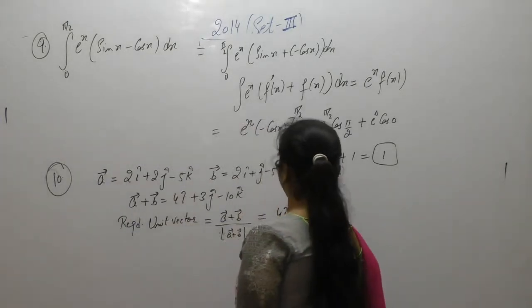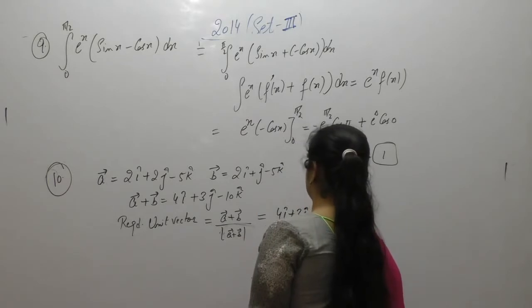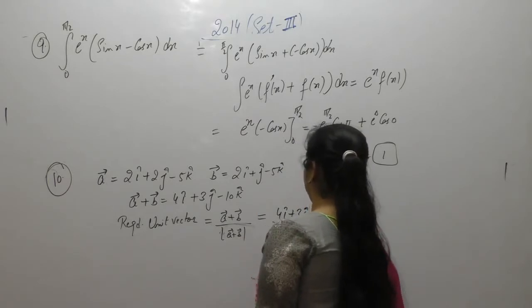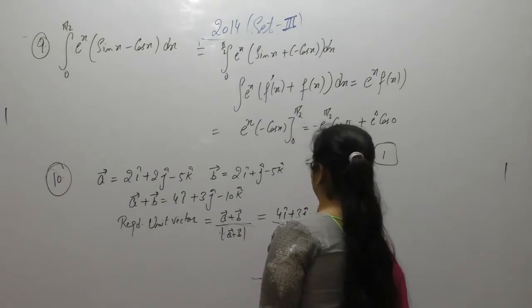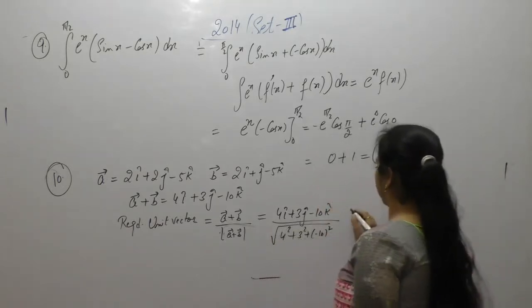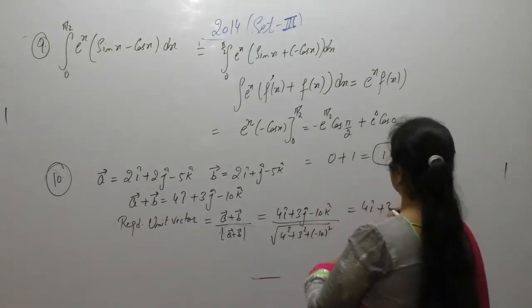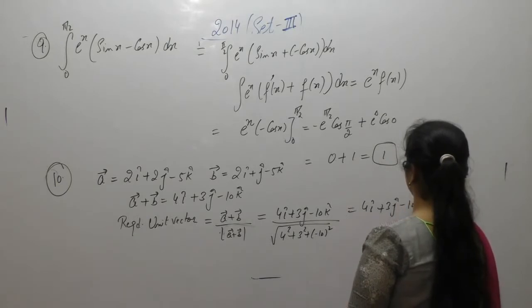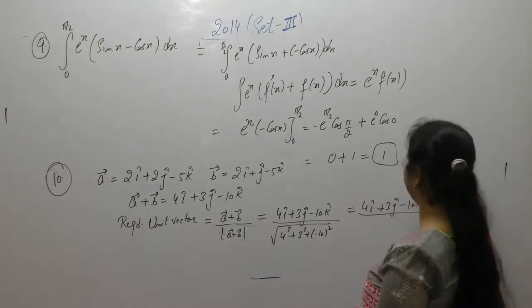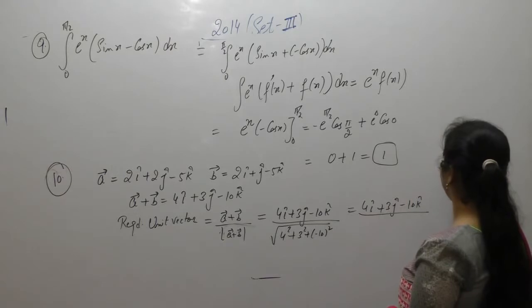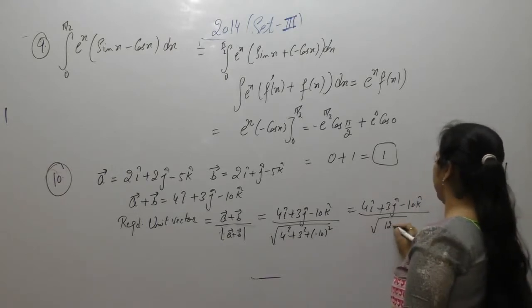A plus B is 4i plus 3j minus 10k. Magnitude is 4 square plus 3 square plus minus 10 square. 4 square is 16 plus 9 is 25, plus 100 is 125.